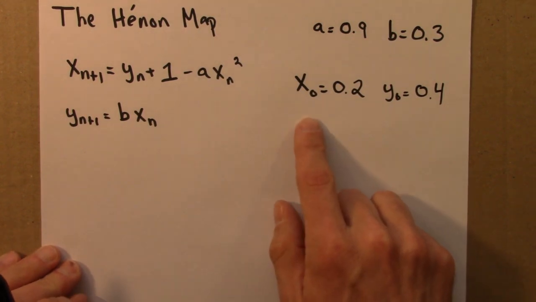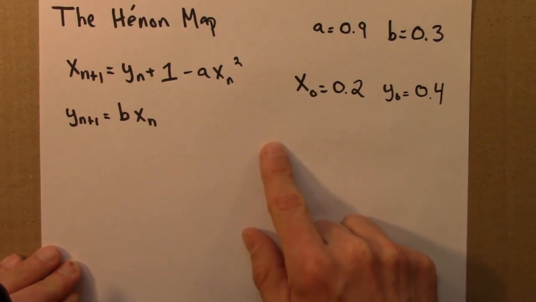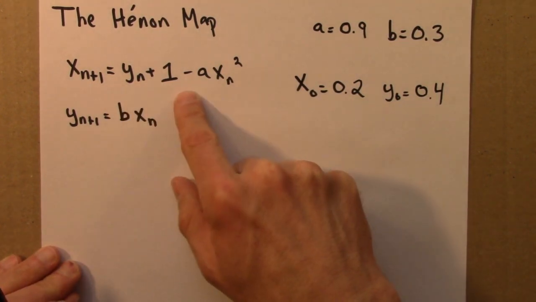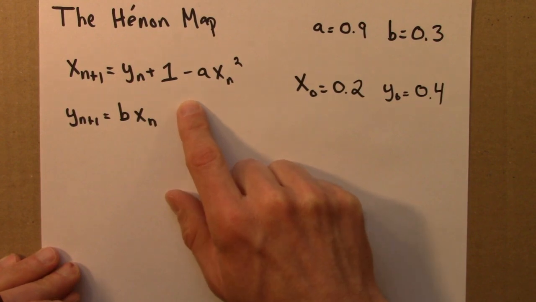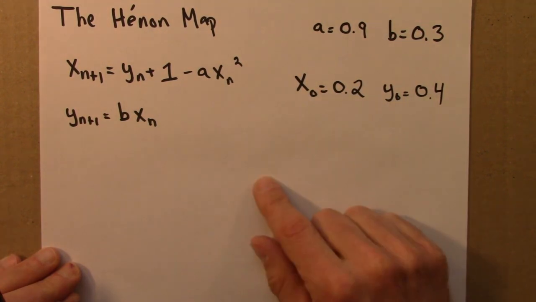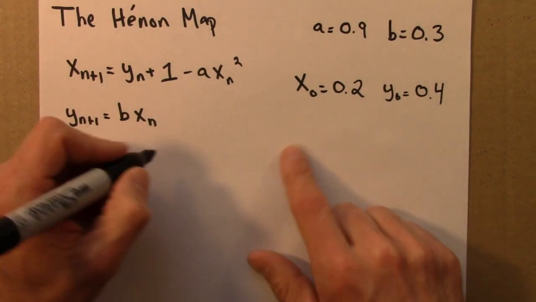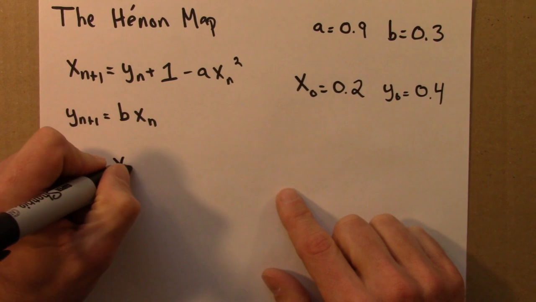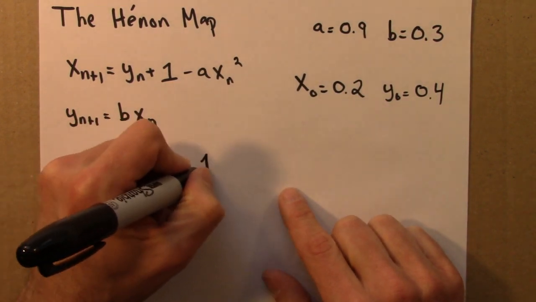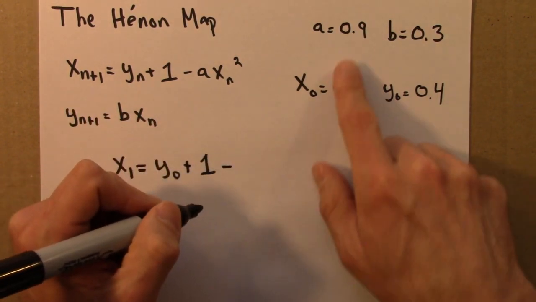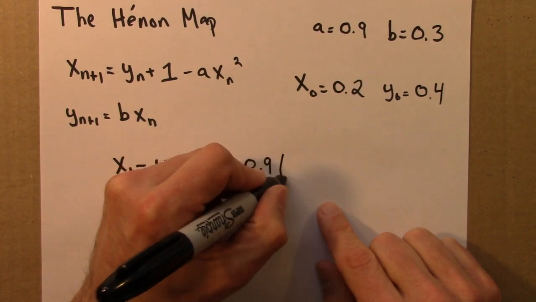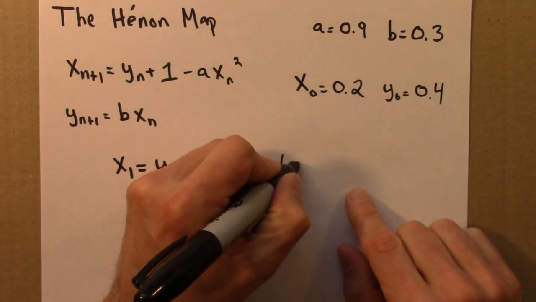So let's calculate the first iterate. That would be x1 and y1. To do that, we just follow the equation. The equation determines the next value and the next value and the next value and so on. This is, as usual, a deterministic dynamical system. So let's see. x1 will be y0 plus 1 minus a x0 squared. a is 0.9, and x0 is 0.2.